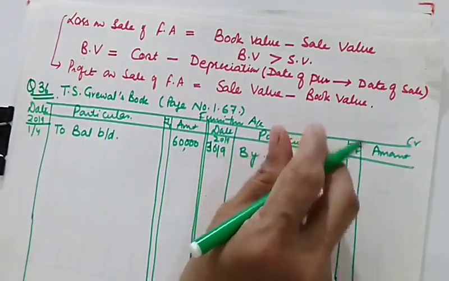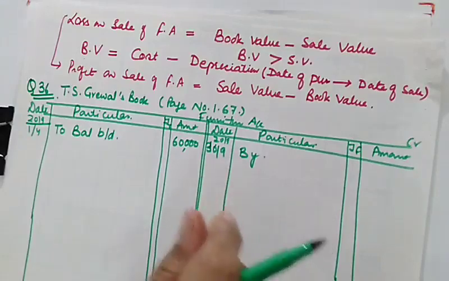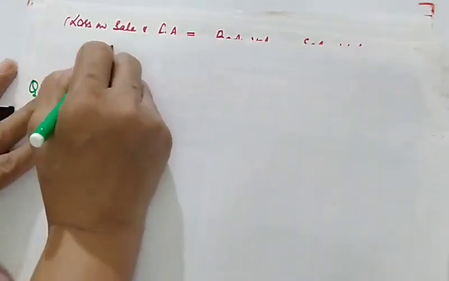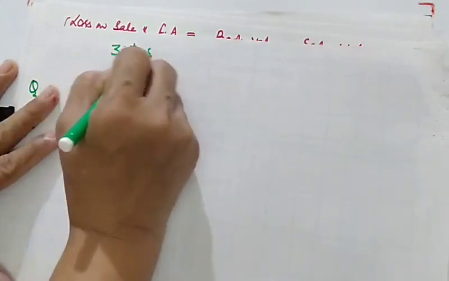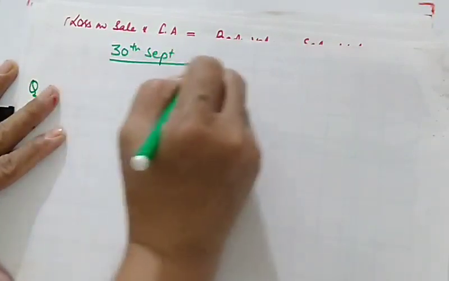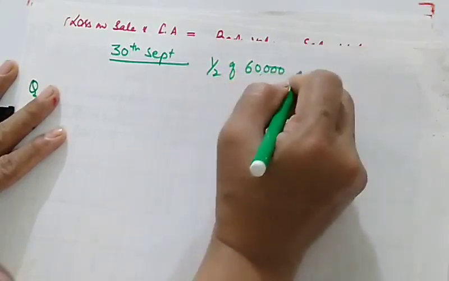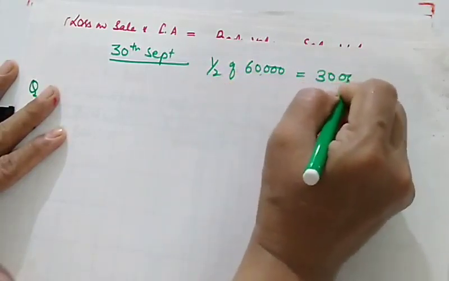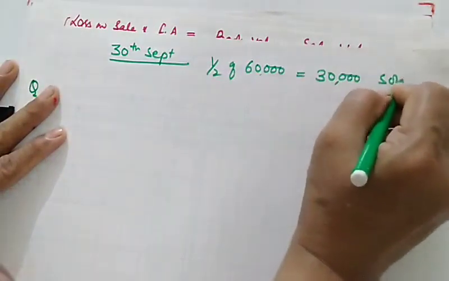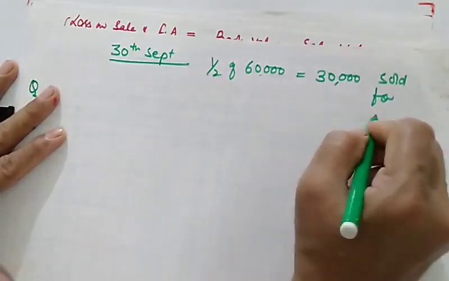So for this we will be requiring a working note. On 30th September, half of machinery means half of 60,000, which is 30,000, sold for 20,000.